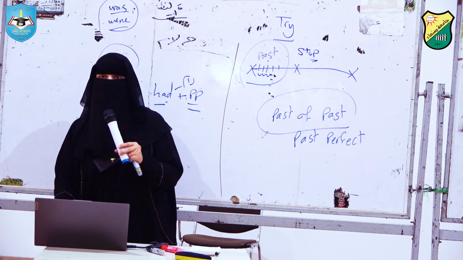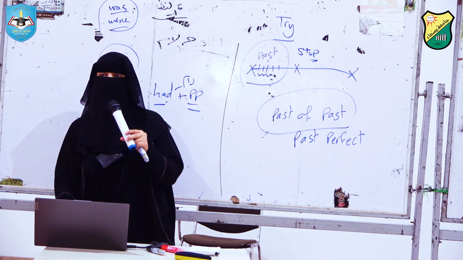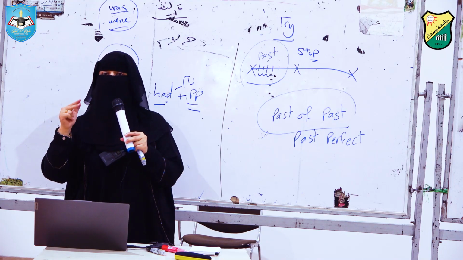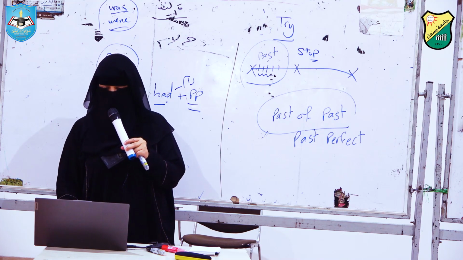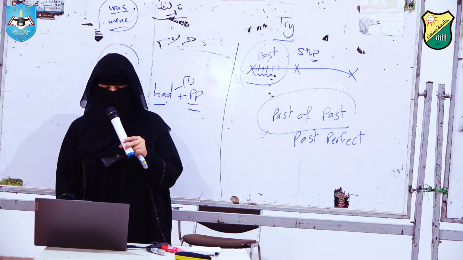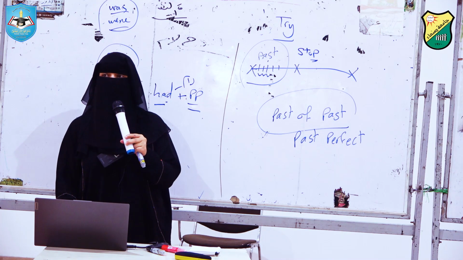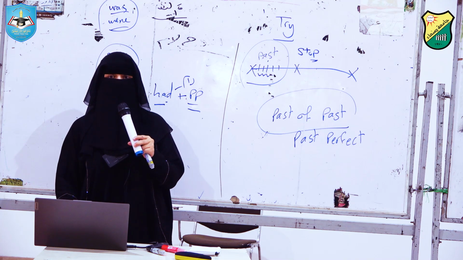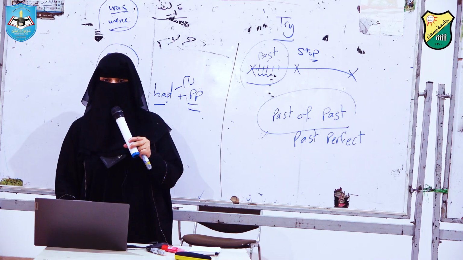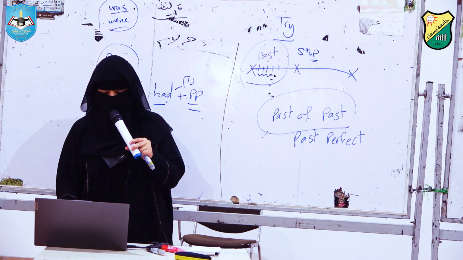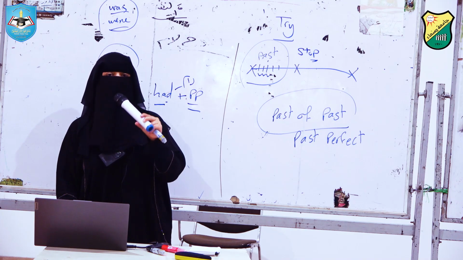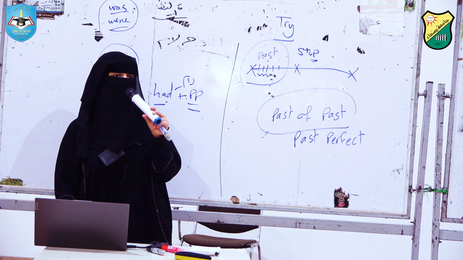So the passive is easy. You have to have had and been, and the main verb in the past participle. Look here, the children had eaten the chocolate. The chocolate had been eaten. The child had eaten the apples. The apples had been eaten. Does had change with singular or plural?